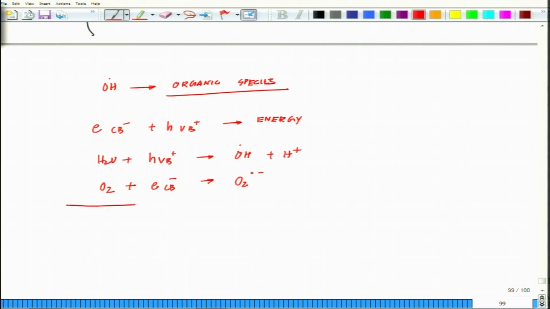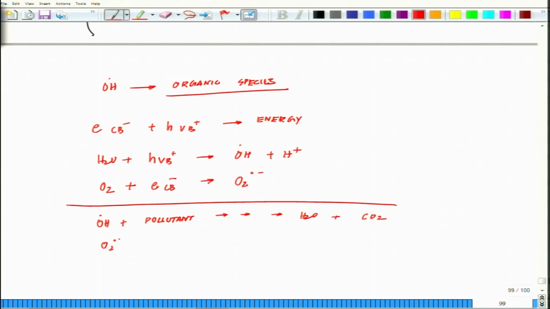Now here is the next reaction, where you have OH dot plus the pollutant generating H2O plus CO2. The other reaction could be O2 dot minus plus H+ generating OOH, and OOH plus another OOH could create hydrogen peroxide.